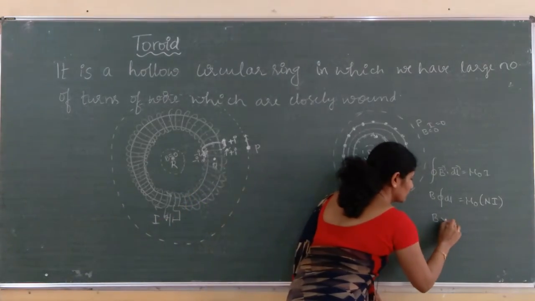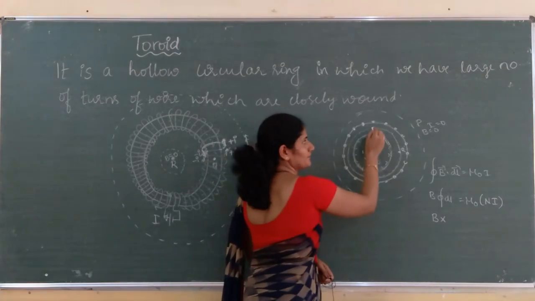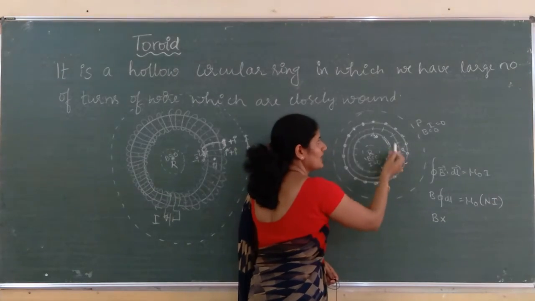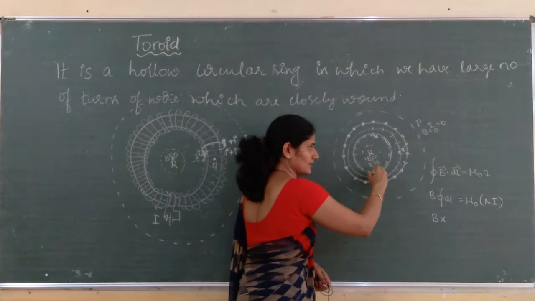So, B into the closed line integral of dl. Here dl is the small line element. On adding all the dl's together, we get this circle.